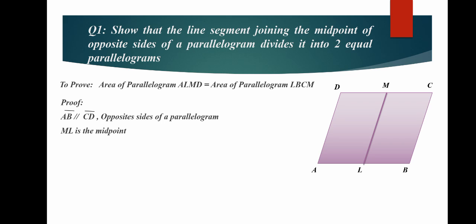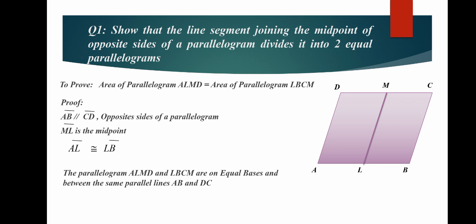Then ML passes through the center and divides the parallelogram into two equal parts. Then AL is congruent to LB, as they are at equal distance. If they are congruent, then the parallelograms ALMD and LBCM are on equal bases.